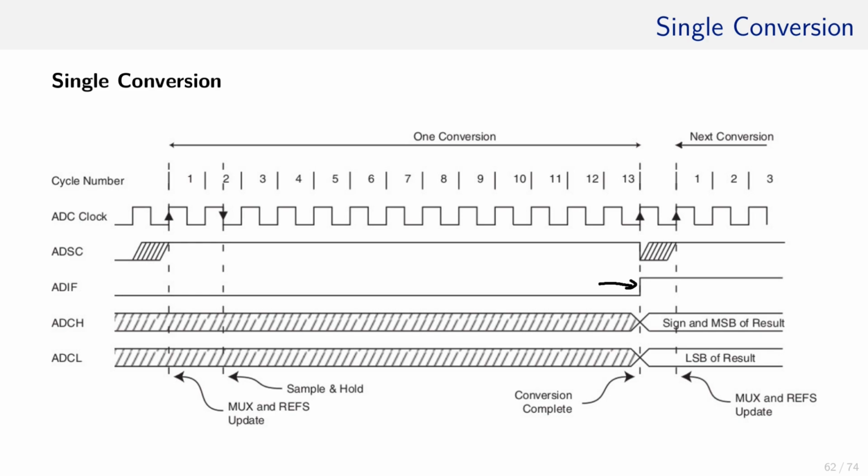It can be used to trigger an interrupt subroutine to read out the converted value. It is cleared by executing the ISR or by writing a 1 to it. Then we have to trigger the next conversion by setting ADSC to 1 again, since as soon as the conversion completed, it becomes 0, as shown here.